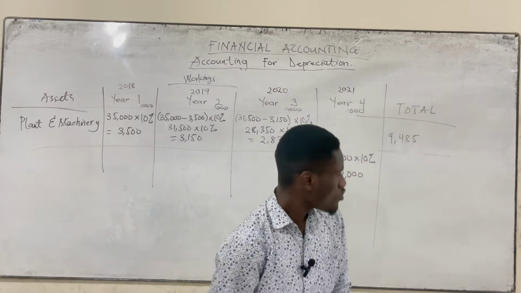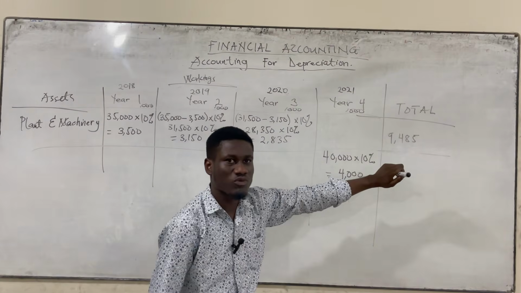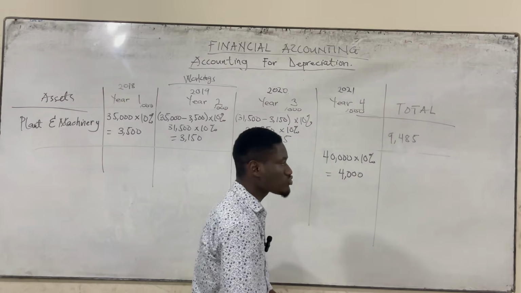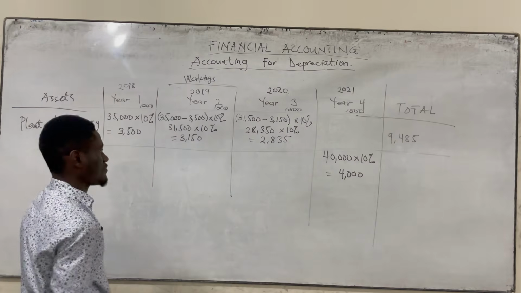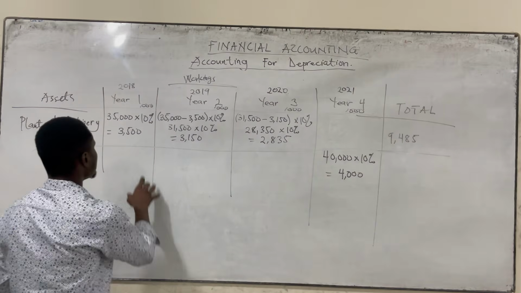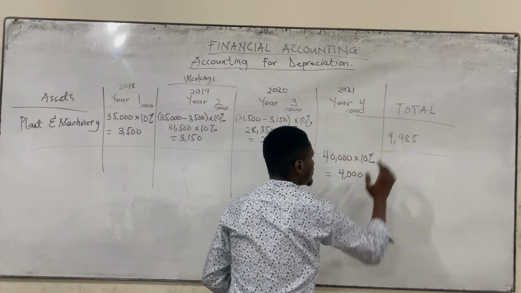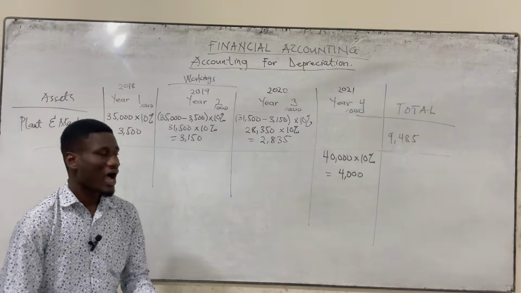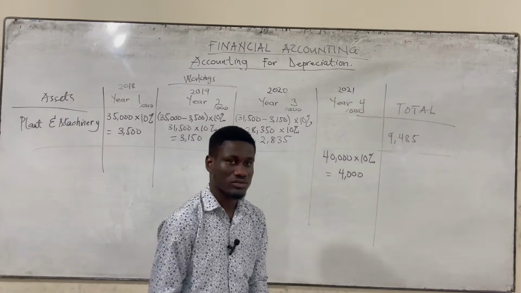Good. When we want to find the actual net book value for 2021, how do we get the net book value for this 35,000? The accumulated depreciations. These are the depreciations for each year. So now we want to find our original net book value as at 2021 for that 35,000.